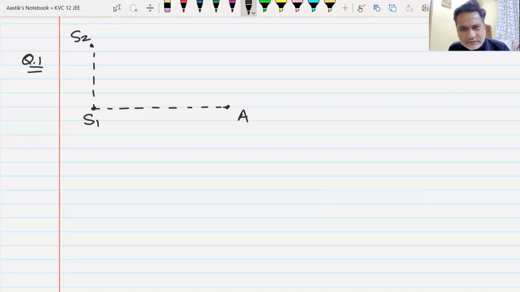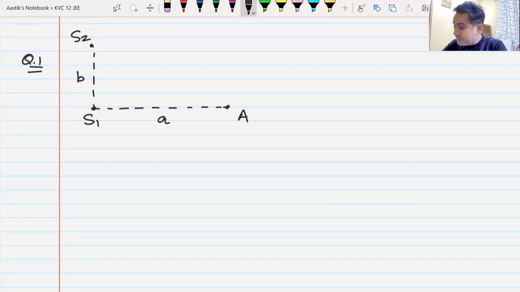This can be sound waves, light waves, any wave, the same interference, same thing happens. So you have two sources, emitting waves. If I say that this distance is A and the distance between S1 and S2 is B.